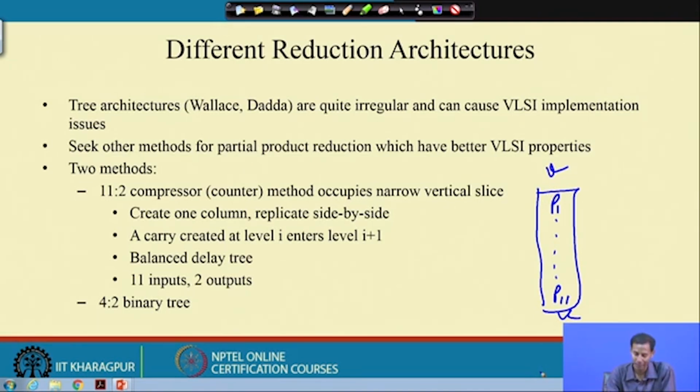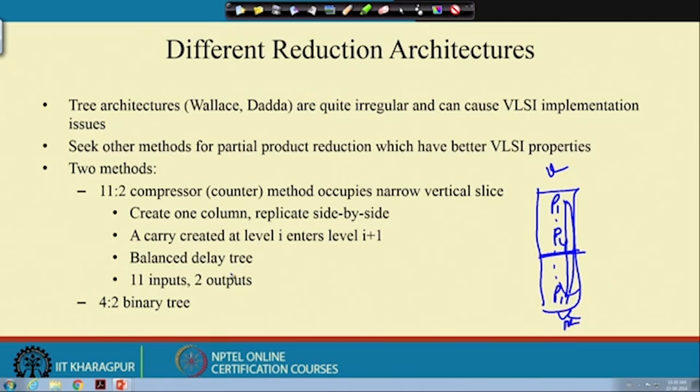Okay. The same thing if I use a 4:2 compressor, at that time this will be only P1 to P4. That will also produce 2 outputs, one is the sum, another one is the carry. So, that means whatever the corresponding sum is, it will be produced through the 11:2 compressor or 4:2 compressor.